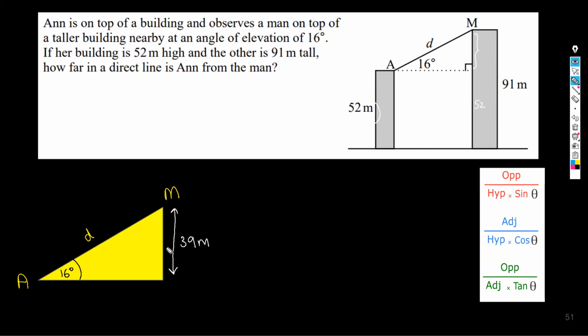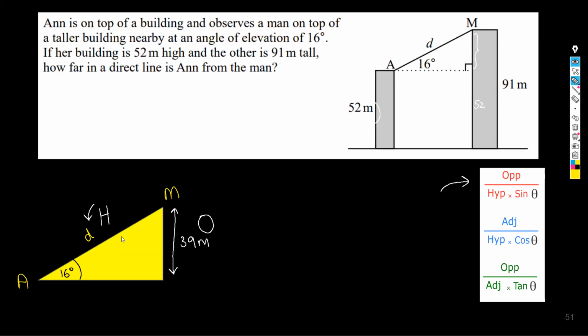So we have one angle, one length. We could either use sine, tan, or cosine now to figure out D, right? So check it back. If we're standing by the 16, the 39 is definitely the opposite, and D is definitely the hypotenuse. Only one of them has opposite and hypotenuse in it, and that would be sine.